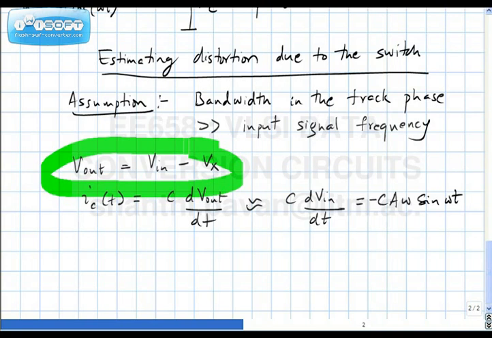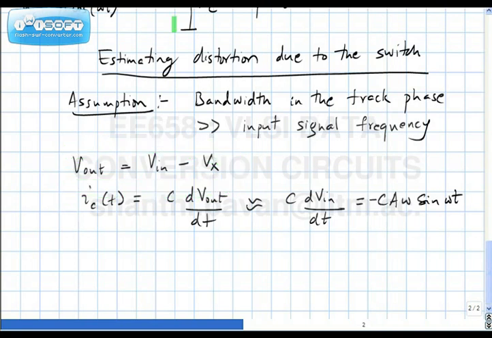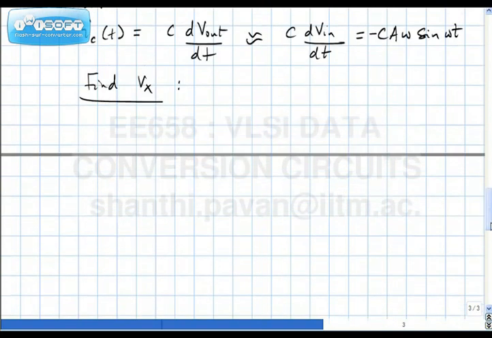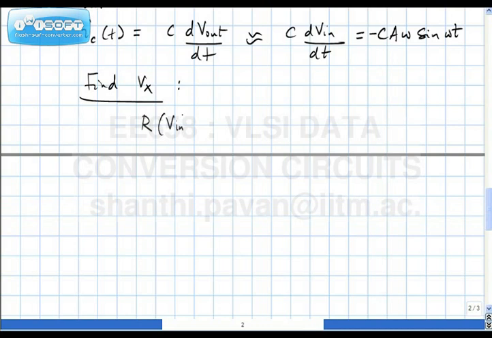So now let's quickly go and calculate Vx. Now the question is: find Vx. And we said that this R, the resistance of the switch, is a function of Vin, and we have seen three candidates. One is just the NMOS switch, one is just the PMOS switch, and one is the CMOS switch.